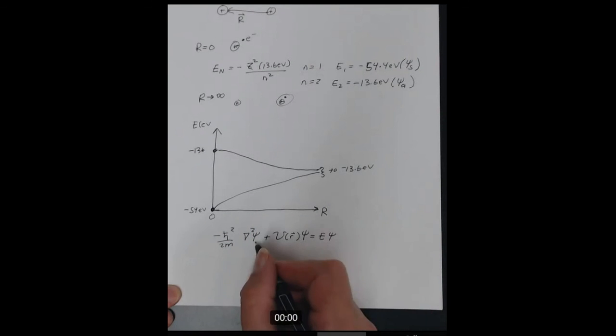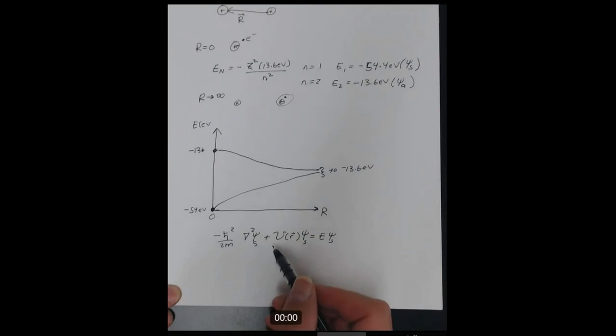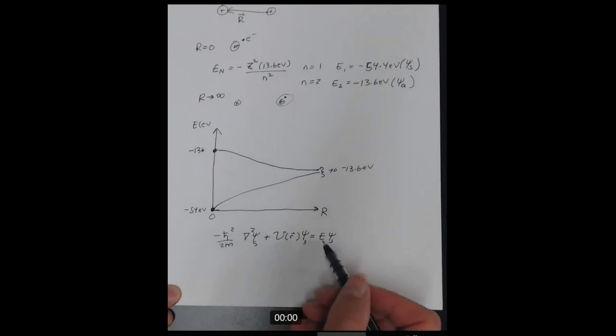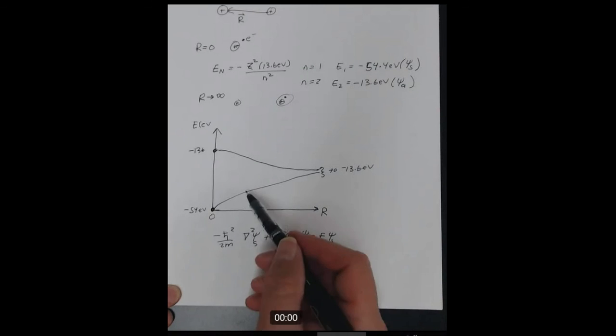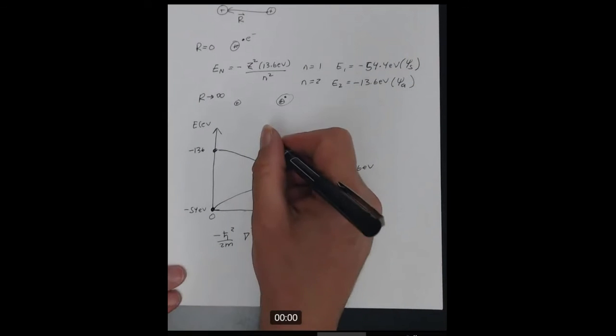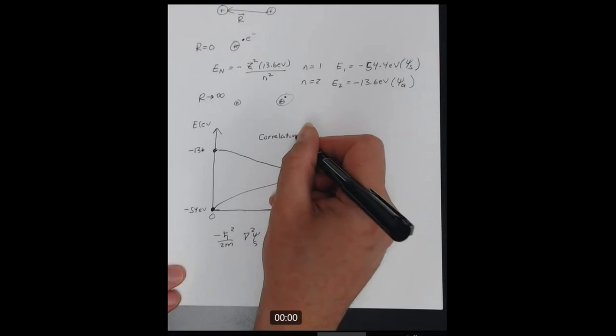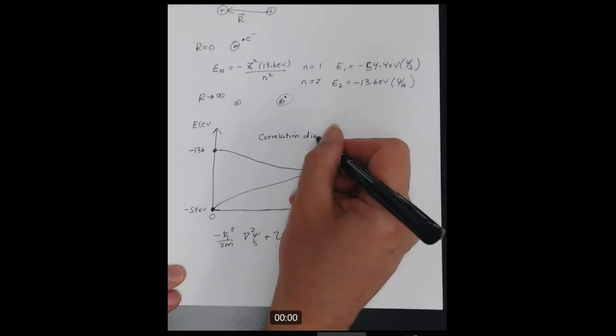So we can put in, let's say, the symmetric wave function, and we can change big R, and we can find out what the energy is as you move along here. This is called a correlation diagram.